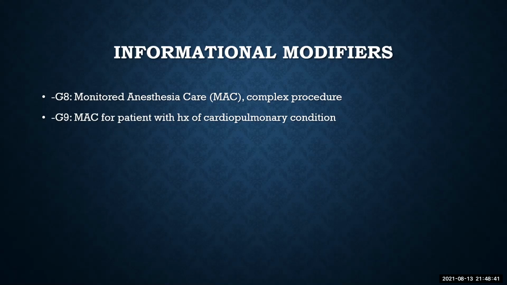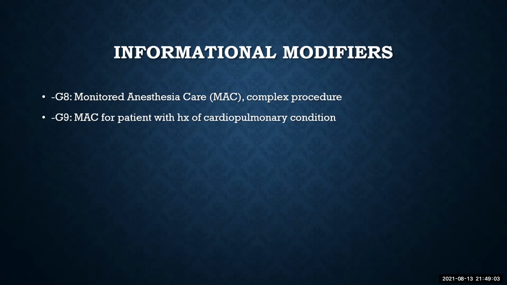So even if the patient is otherwise healthy, there could be an adverse reaction. There could be a less than ideal outcome of this procedure because it's so complicated or deep or whatever else is going on with it. Or if they already have a history of cardiopulmonary issues that could interact poorly with anesthesia, it's important to understand that.